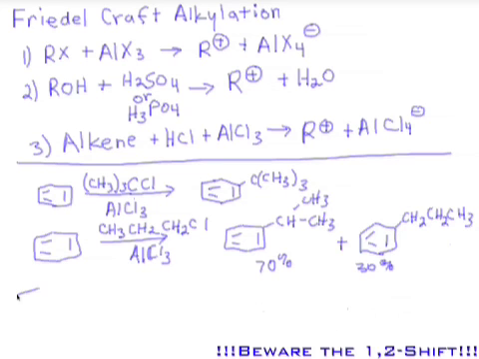So this time we're going to take benzene. We're going to react it with CH3 twice CH2Cl, isobutyl chloride, and AlCl3.